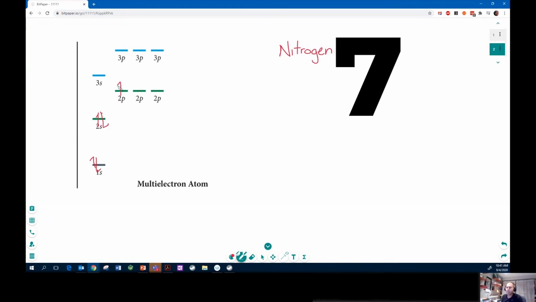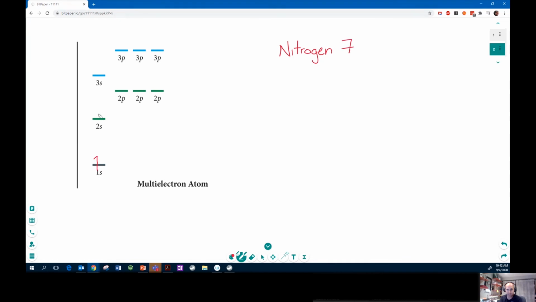Now I have to start thinking about how I'm going to handle this. If we backtrack a little bit, and so with my 7 electrons, it should be relatively clear why the electrons pair before I fill the next.